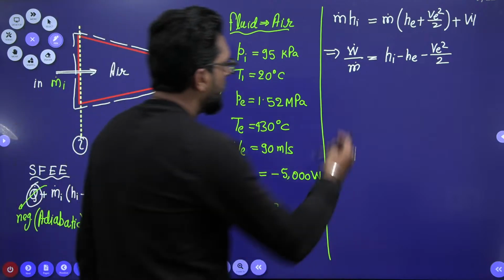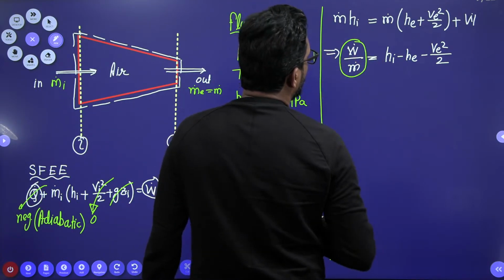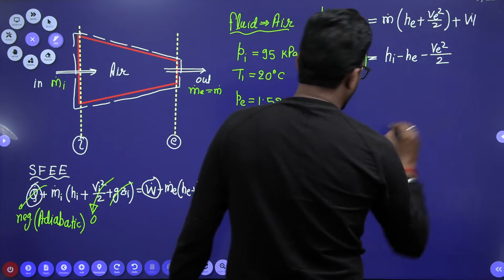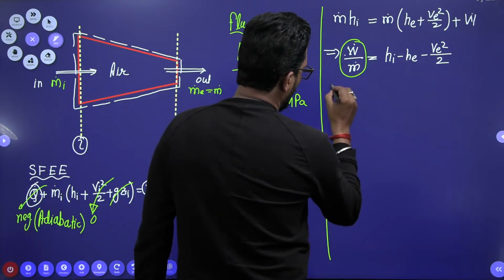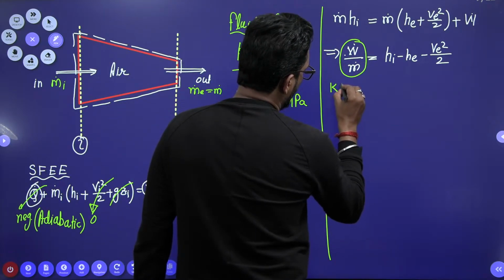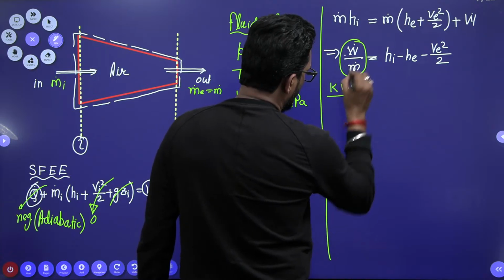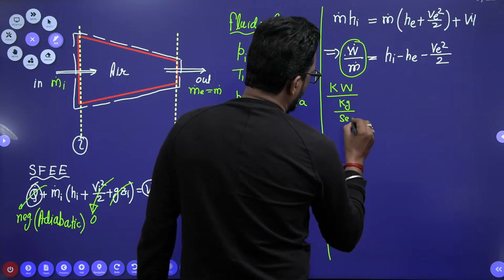Now see this one, in which unit is this? See, beta, this W dot, let's suppose it is given in kilowatt. And this is your kg per second.